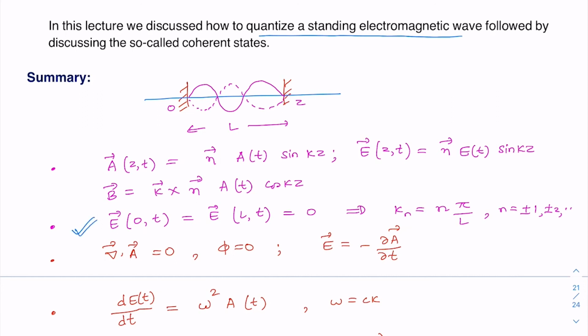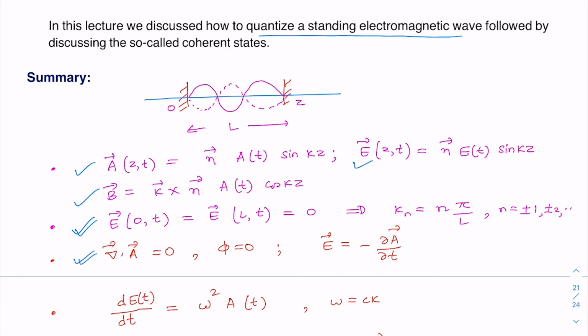Thereby we immediately find that the wave vector is discretized, and the vector potential and electric field have to be taken in this form, and the magnetic field is taken like this.